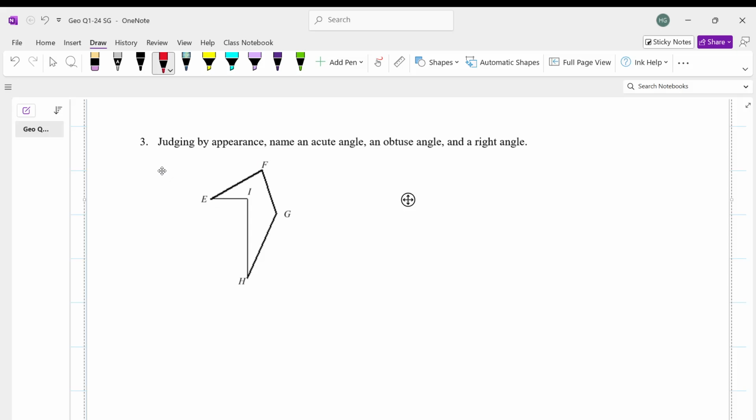Problem number 3, judging by appearance. All right, so we're not using a protractor, we're not measuring anything, just by appearance. We need an acute angle, that's less than 90. We need an obtuse angle, and we need a right angle.